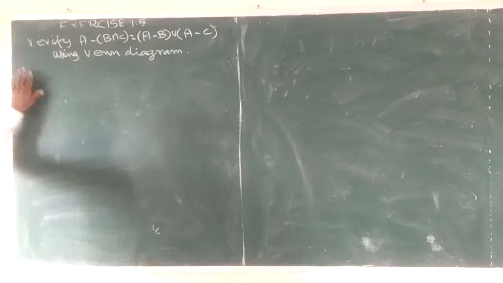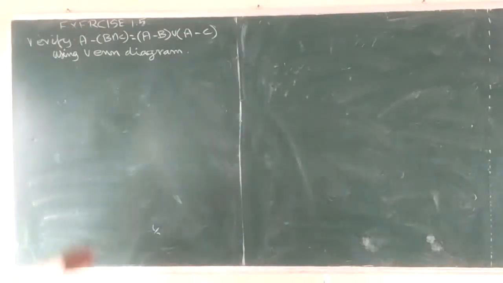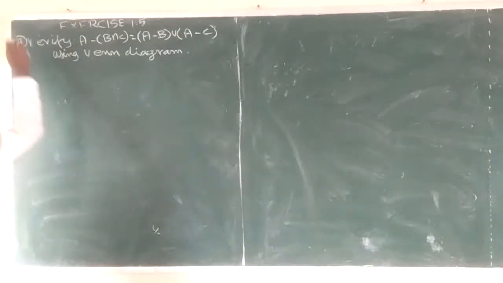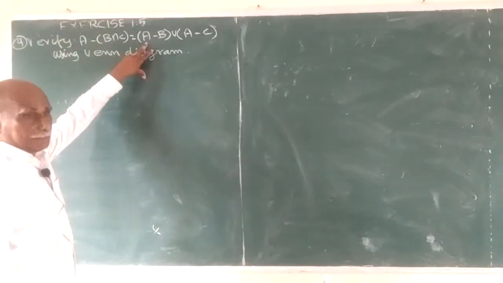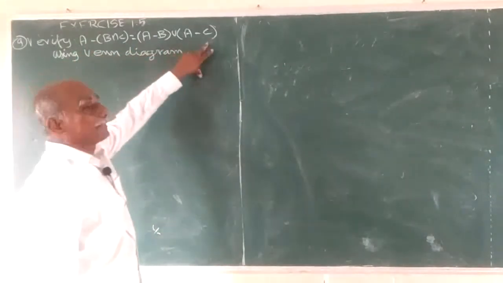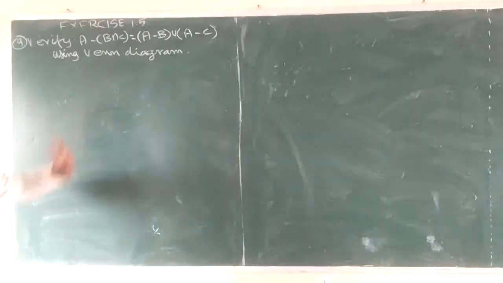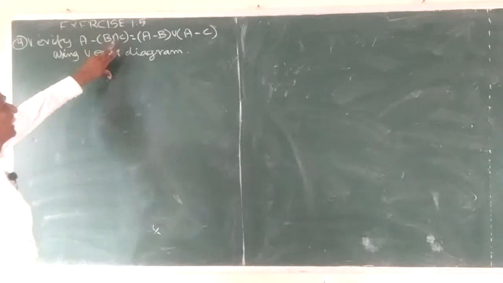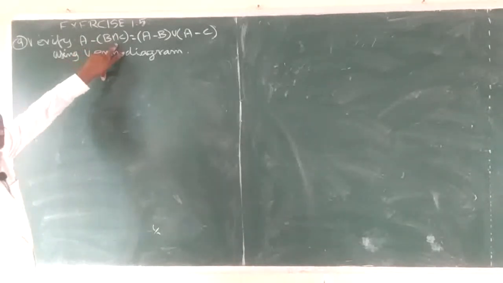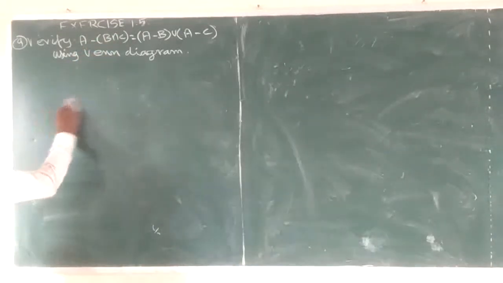This is question number 9. Verify A difference B intersection C equal to A difference B union A difference C using Venn diagram. For LHS, B intersection C and then A difference B intersection C. Here are 3 sets.